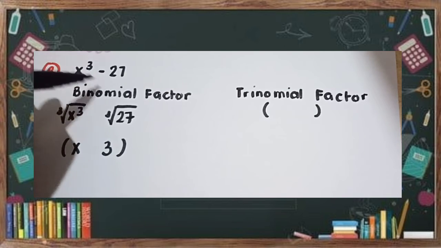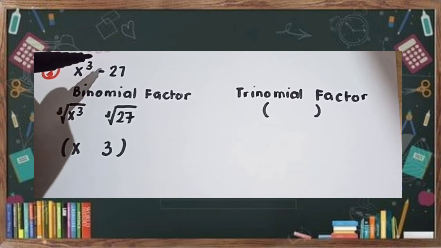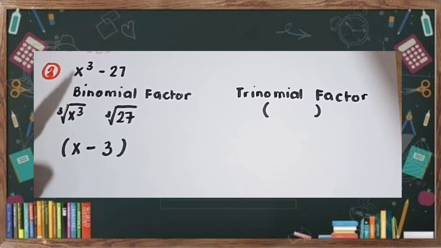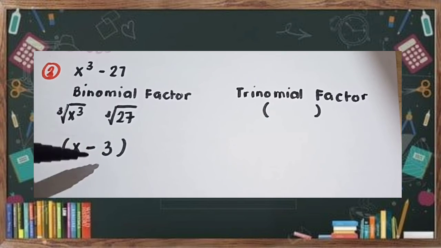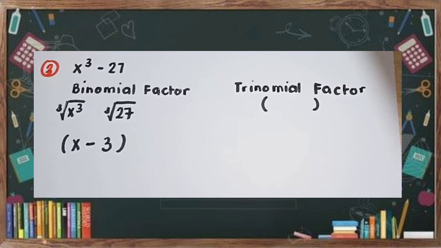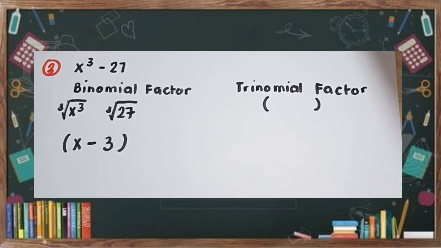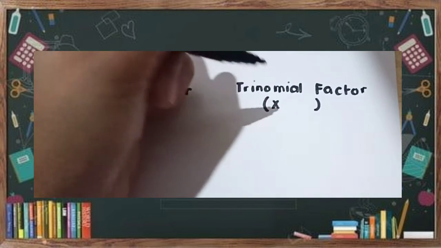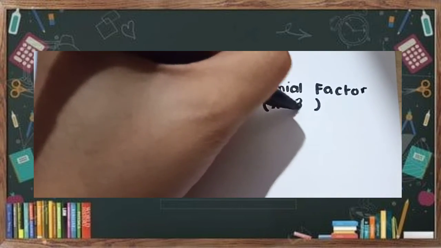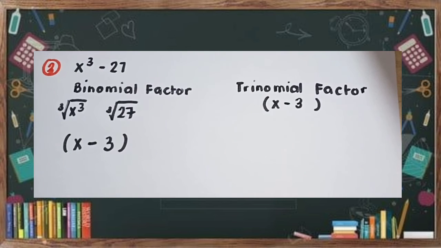Then, take the sign of the given. Okay? So, this is minus. So, ang binomial factor natin ay x minus 3. Next, we need to get the trinomial factor. And we will going to use the binomial factor x minus 3.